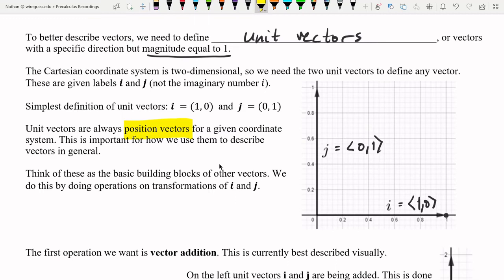Now we can think of these vectors, i and j, as the building blocks for every other type of vector. When we have any kind of general one, you can break it down into transformations, either being stretched or compressed, or as we're going to see, operations on these unit vectors. So that's the way I want you to think about it, and we're going to look at that some more here.